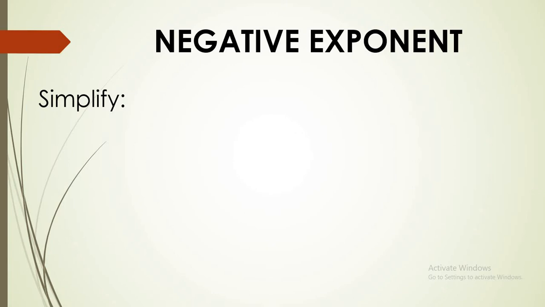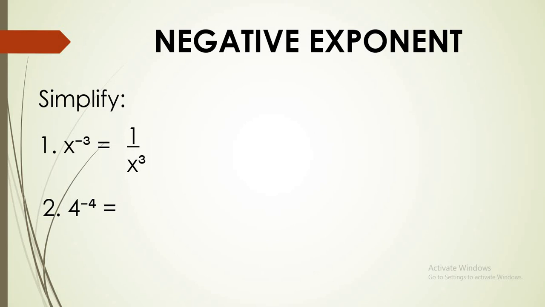Let us now have an example of negative exponent. Let us now simplify. 1 is x raised to negative 3. So if you have a negative exponent, all you need to do is to inverse it to become positive exponent. So from x raised to negative 3, it will become 1 over x cubed. Another example is 4 raised to negative 4.